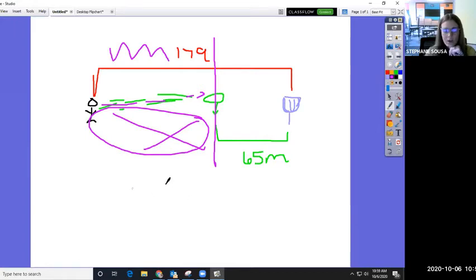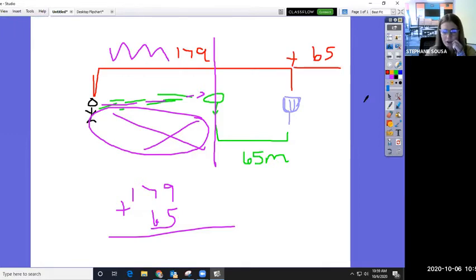What we cannot do is add these. Because what that does is that says, in fact, the course is not 179 meters. It is 179 meters plus 65 more. Can we just magically decide that we're going to make this basket move? Can I just snap my fingers and go, move, basket, go this way? No. So it doesn't make sense for me to add. I can't just decide that this course is going to be longer when they've already told me the course.